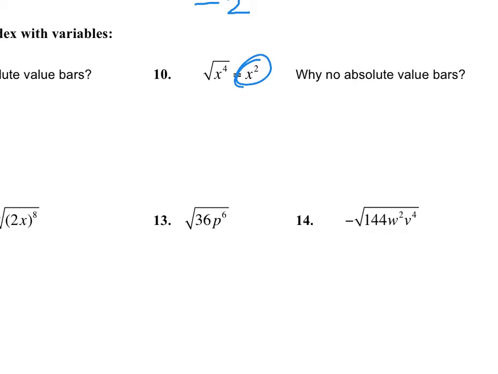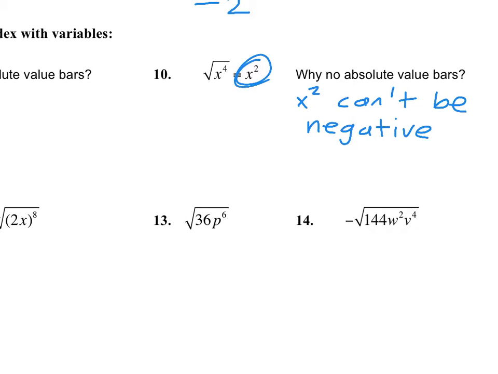So I'm going to answer these questions. Why no absolute value? X squared can't be negative. So when x is positive and you square it, it will be positive. If x was a negative number and you square it, it would still be positive.